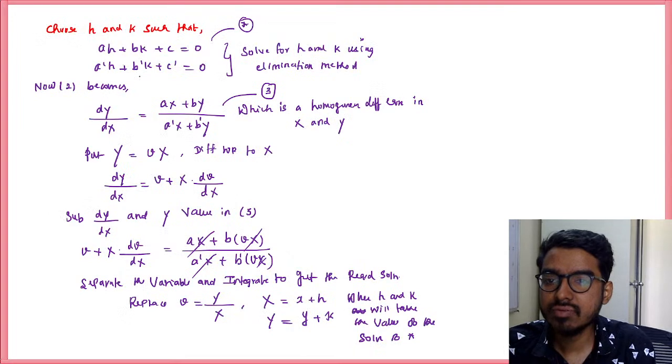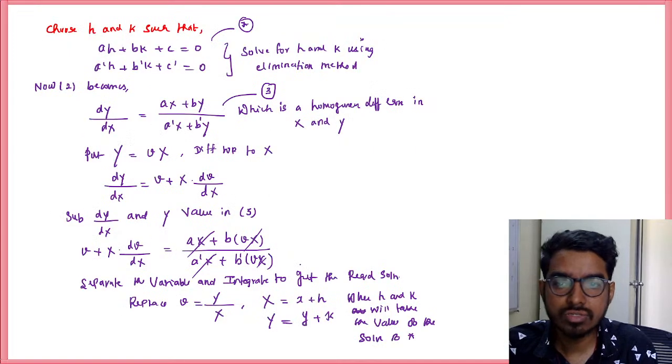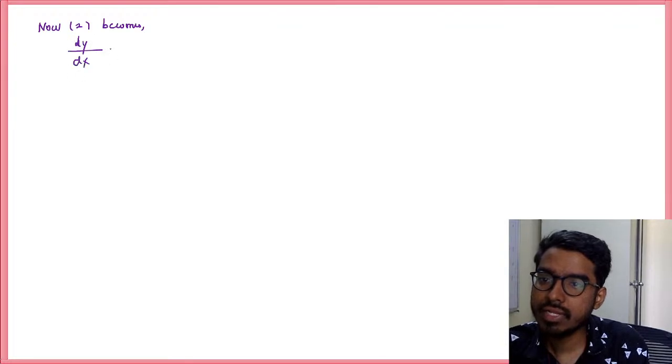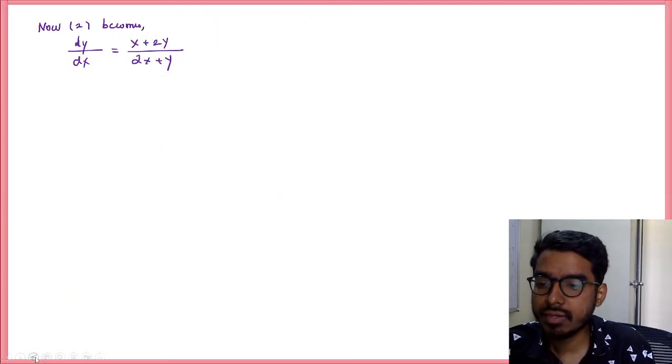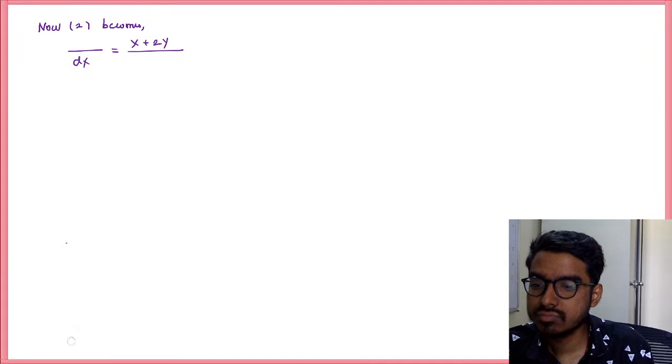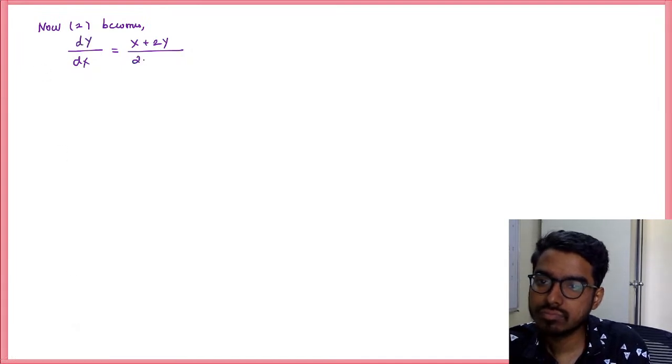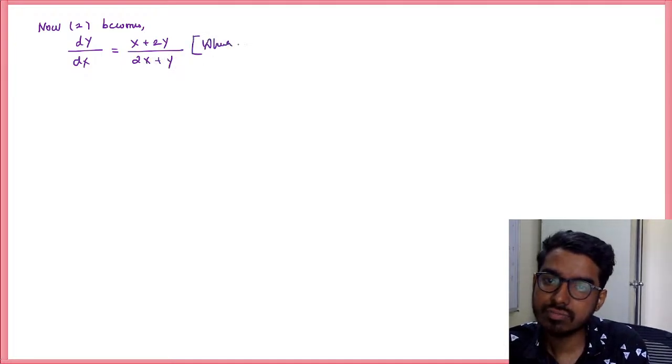So after separating this, we choose h and k such that these two constants are 0. In our problem, h is 1 and k is also 1. So therefore, now dY by dX is equal to X plus 2Y divided by 2X plus Y, which is homogeneous.